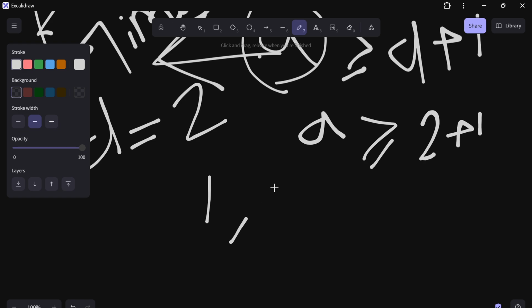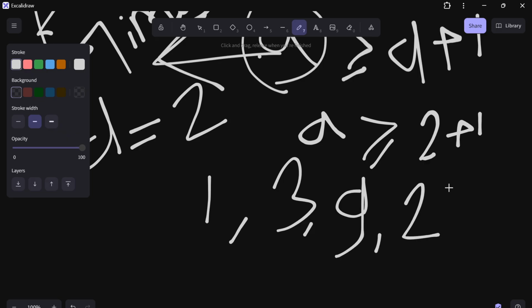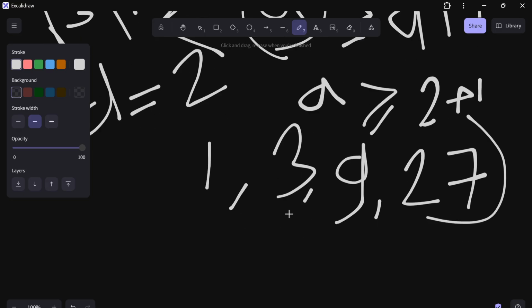So it becomes 3, 9, and 27. Okay, so that is 27. All those divisors have a difference of at least D, and it has at least 4 divisors.